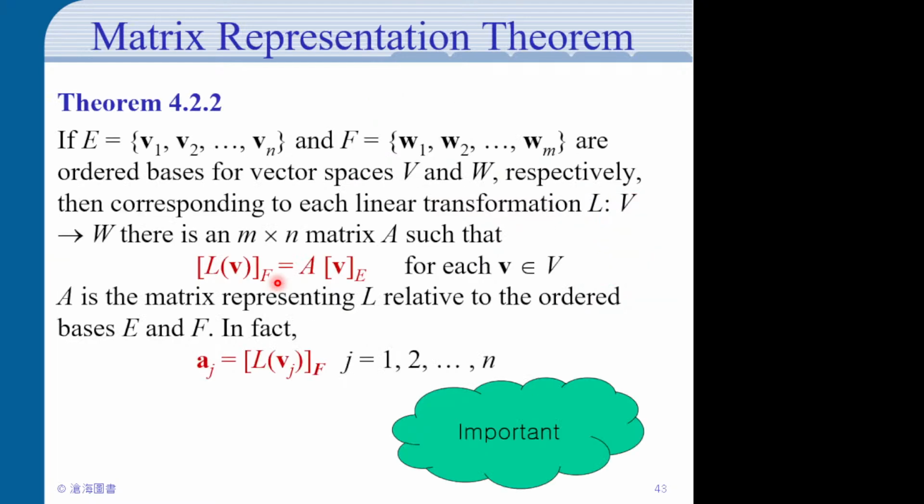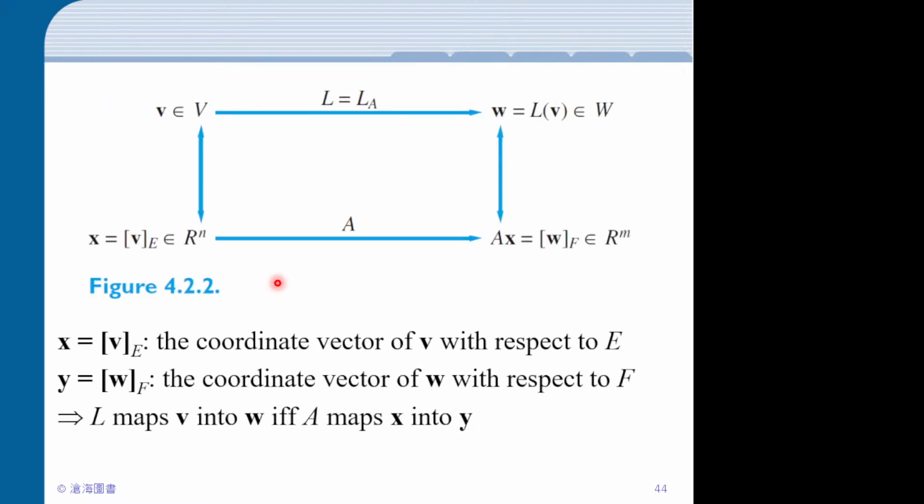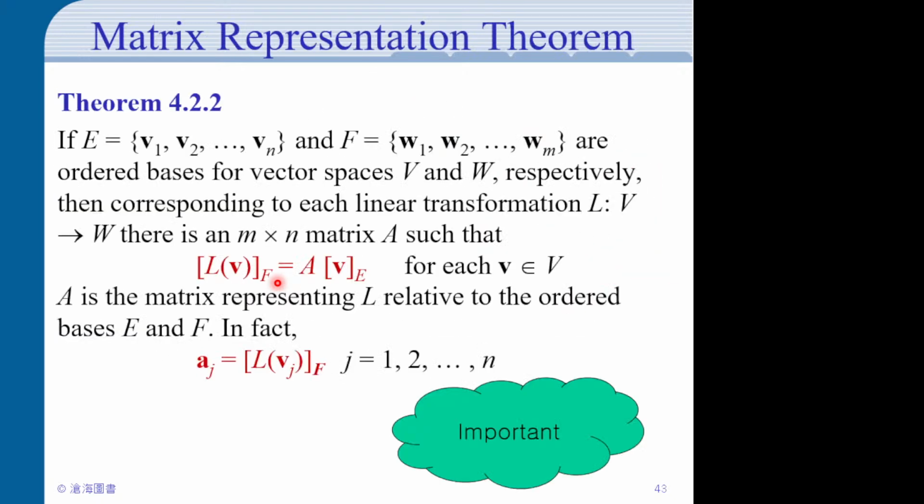Okay. And I guess we can finish this now. So write this out as a theorem. We have two vector spaces where we have found the ordered bases v1 to vn and w1 to wm. And then every linear transformation corresponds to a matrix.